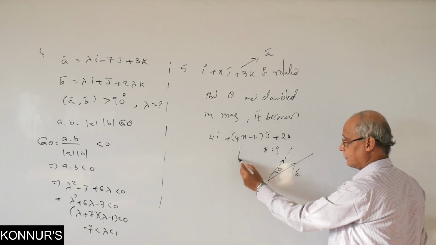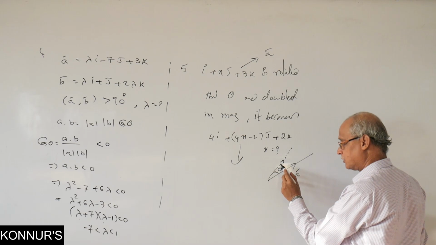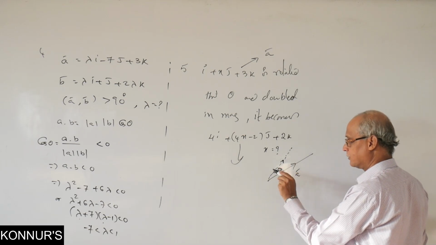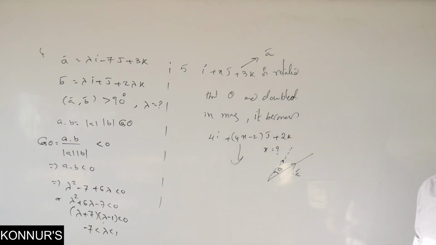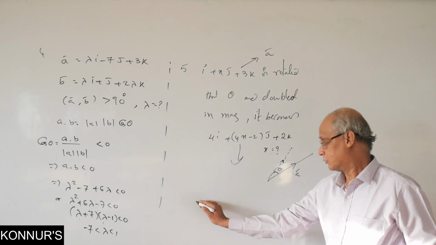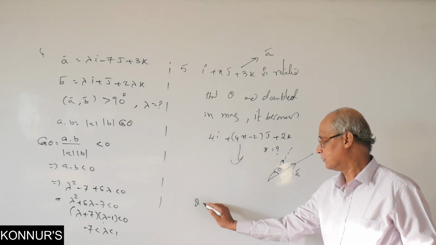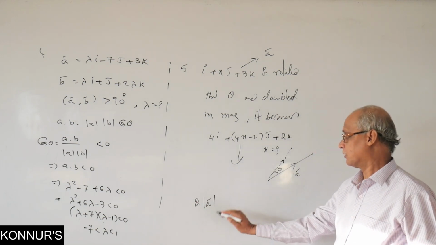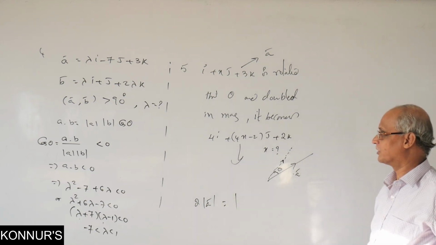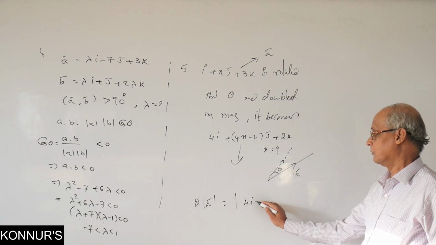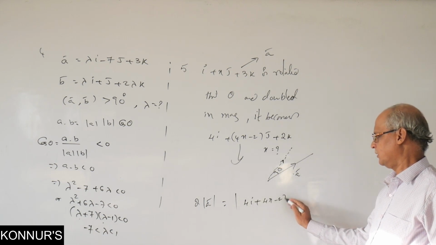This is given. But this vector's magnitude is double the magnitude of A bar. Okay, that is given. What is implied? 2 times A bar must be equal to the magnitude of the vector in the new position.